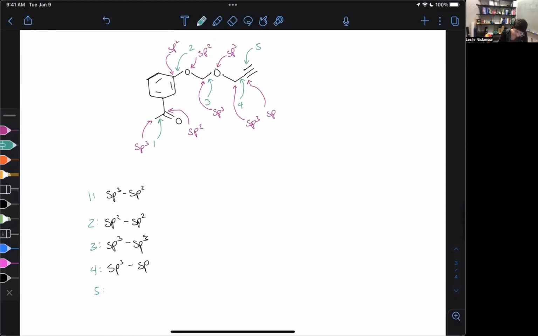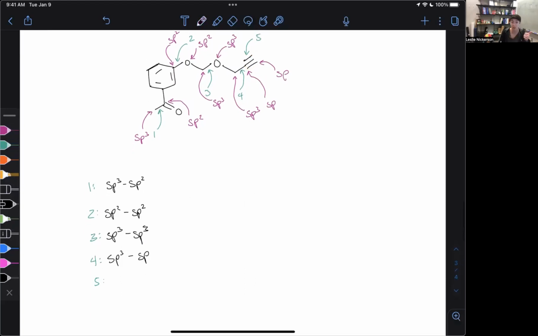And then on to 5. Now we've got a bunch more things happening, right? So on 5, we've got 2 pi bonds and 1 sigma bond. So we've got sp over here. So if we're looking at our sigma bond first, that sigma bond is made out of sp and sp orbitals, 1 from each.